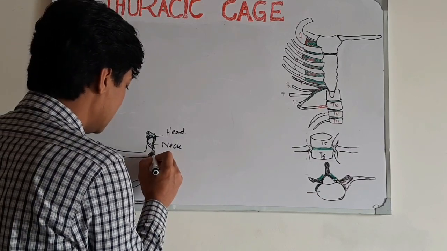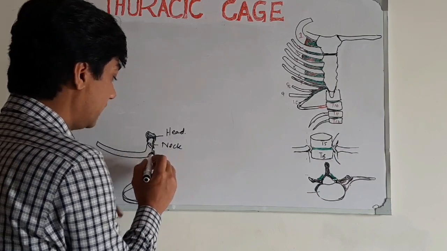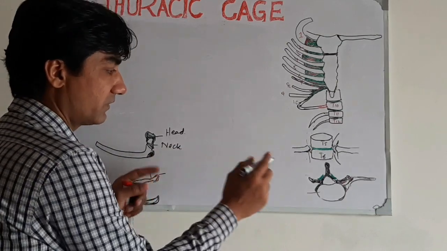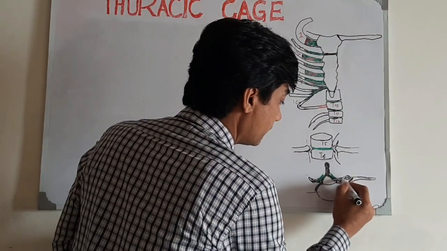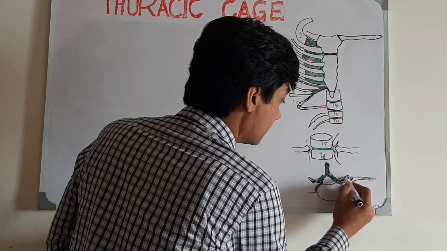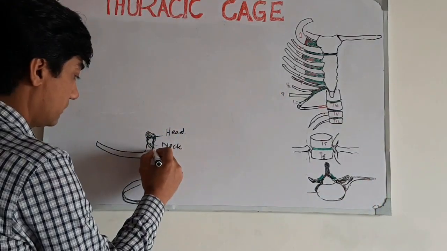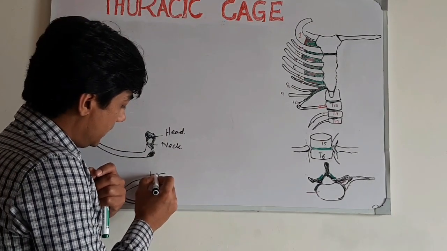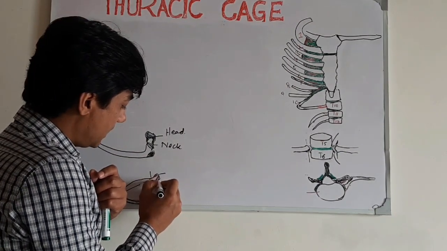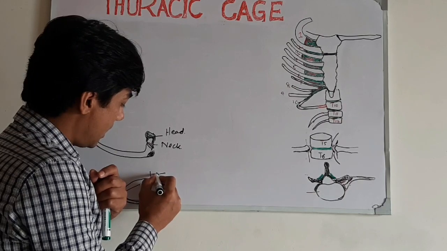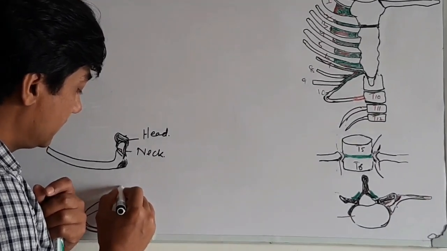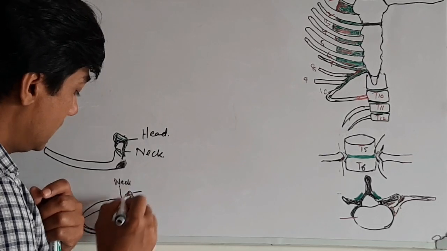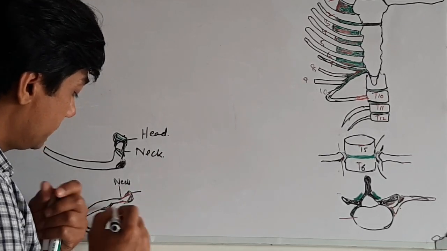It is the second point of attachment with the transverse process of the thoracic vertebra. Literally, we can see this is the head of the rib, this is the neck, and this is the tubercle.